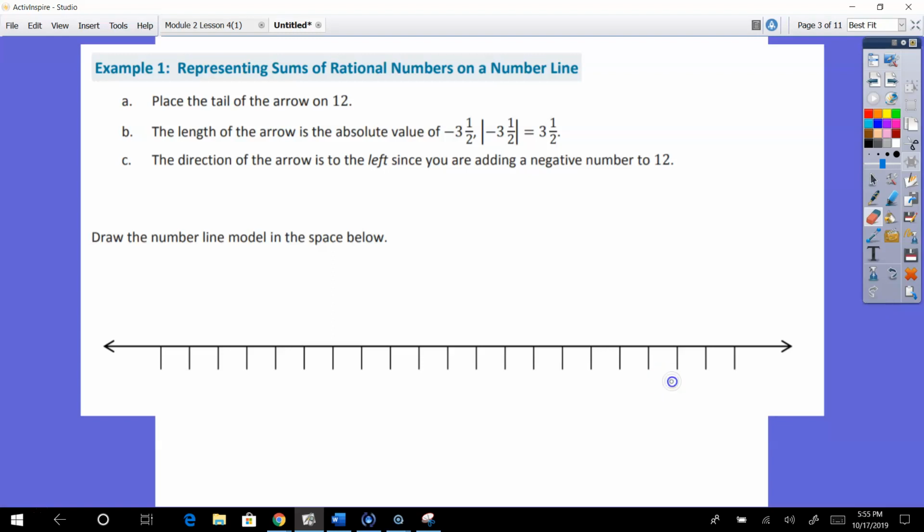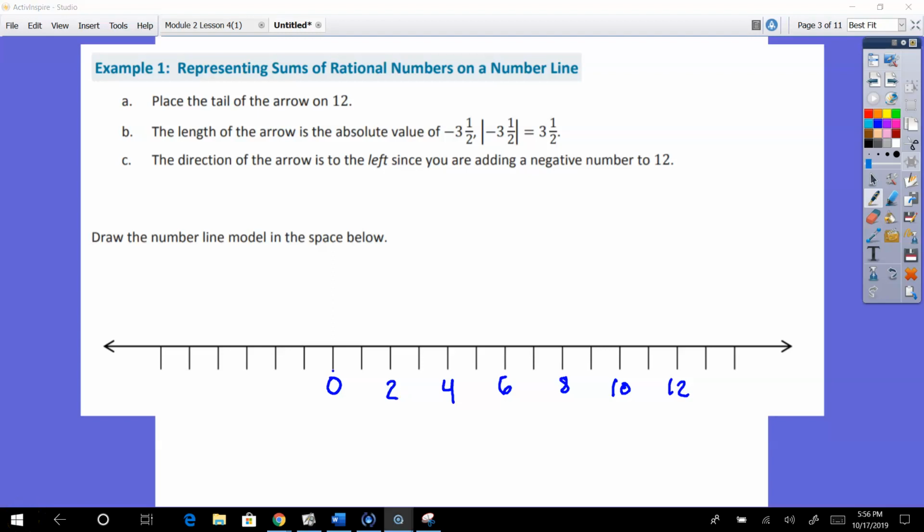So we can put this at 12. So this is 11, 10, 9, 8, 7, 6, 5, 4, 3, 2, 1, 0.